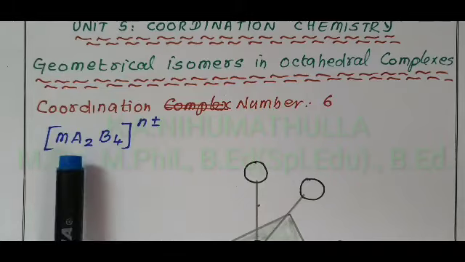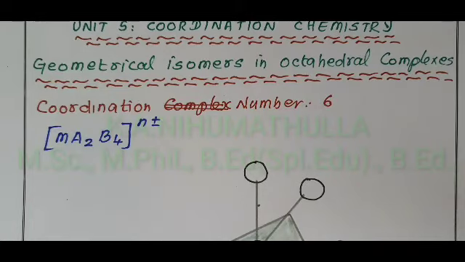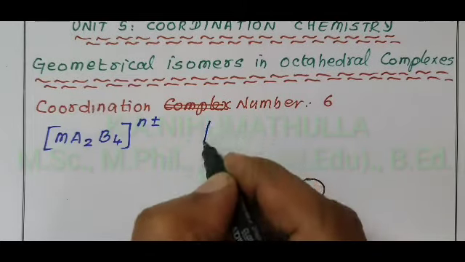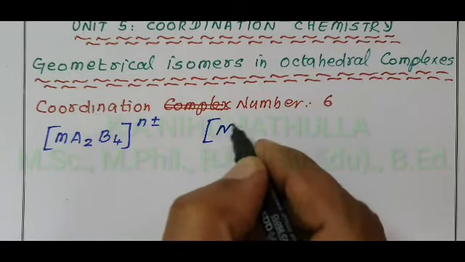From this MA2B4, we can tell in octahedral complexes which one is the cis isomer and which one is the trans isomer. Here A and B are monodentate ligands.